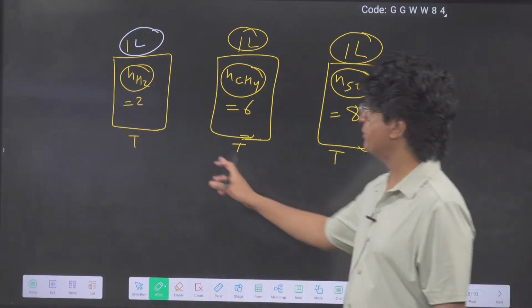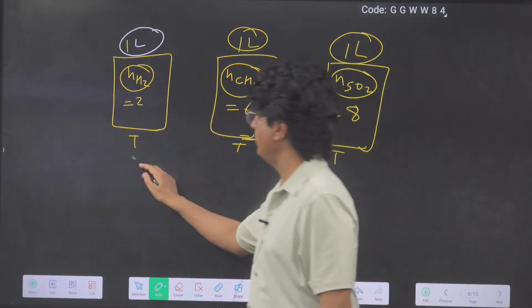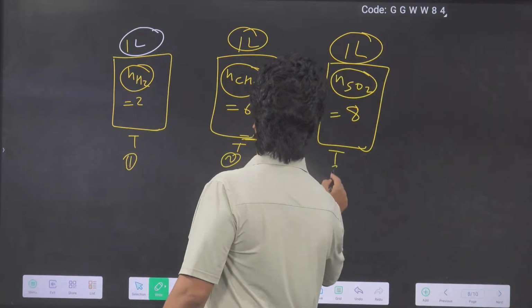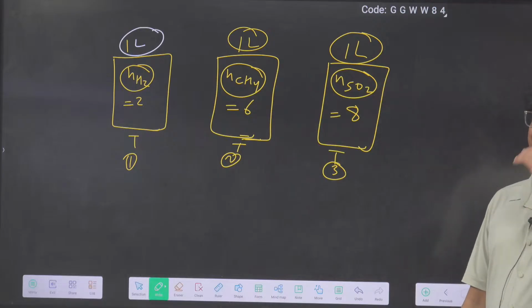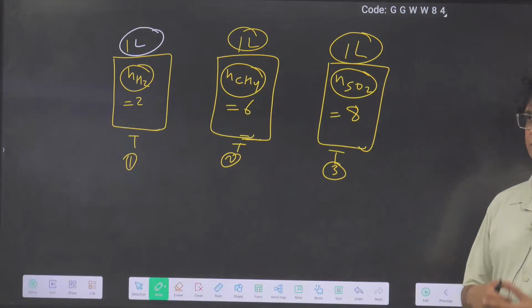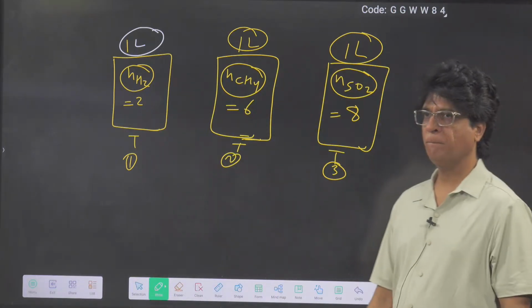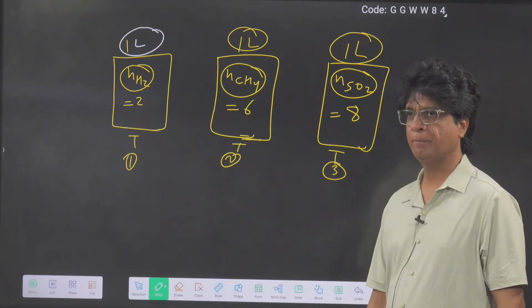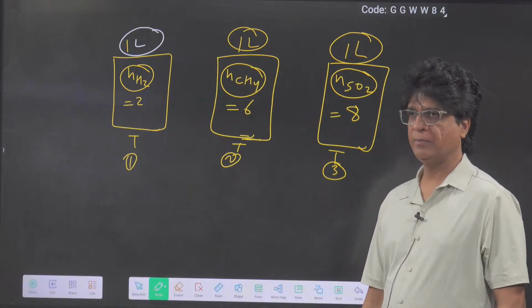So if the temperature is the same, which of the following vessels, the first one, the second one, or the third one, will have higher pressure? Come on.